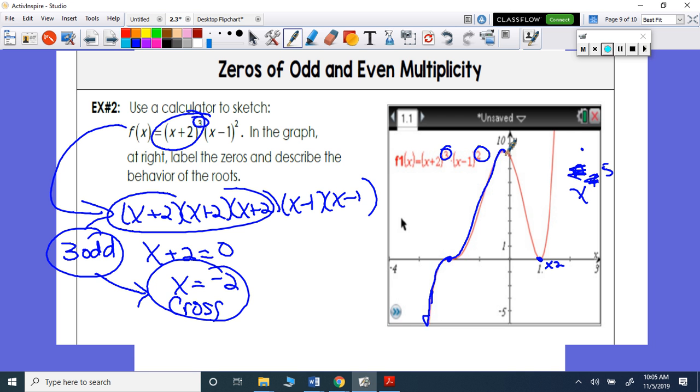Okay? The fact that there were only 2 of these, that even number, tells us that the root x equals 1 is going to hit it and bounce off. Alrighty, so that's why you don't graph the root of 1 twice, but you're going to curve and hit it and bounce off. That's what multiplicity is.